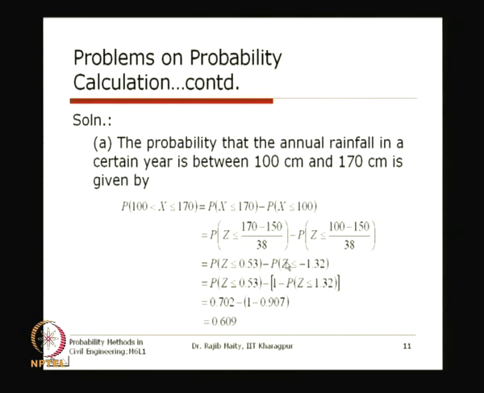Now Z less than or equal to minus 1.32 can also be obtained from the table and used directly. Sometimes in some textbooks, using the symmetrical nature of the normal distribution table, only one side, preferably the positive side, is shown.